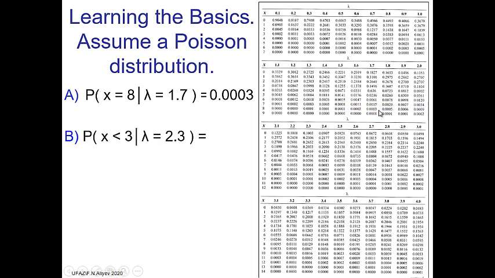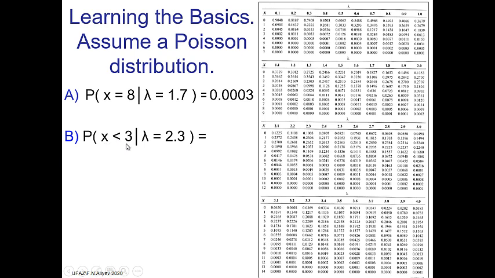X less than 3, lambda 2.3. The number of occurrences in one interval cannot be less than 0. At least it's 0.